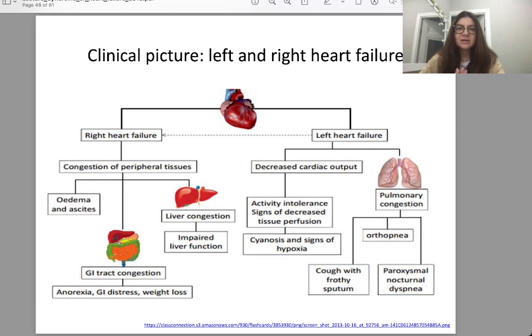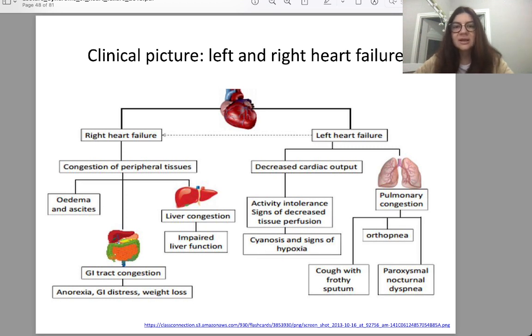Here you see schematically the difference in left and right heart failure. In right, there will be congestion of peripheral tissues resulting in edema, ascites, liver congestion with impaired liver function, and GI tract congestion with anorexia, GI distress, weight loss.